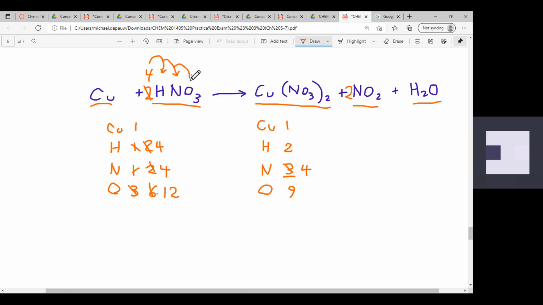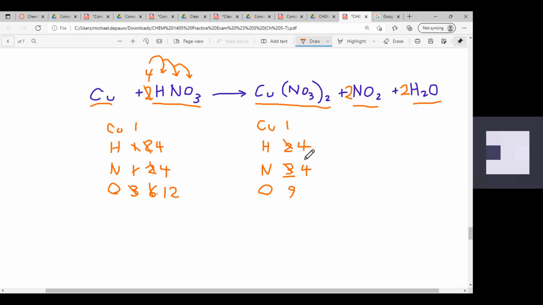Yep. So now, what do I do to balance the hydrogen now? I have 4 on the left, 2 on the right. I have to multiply it by 2. I have to multiply the hydrogen compound by 2. So that's going to give me 4 hydrogens.